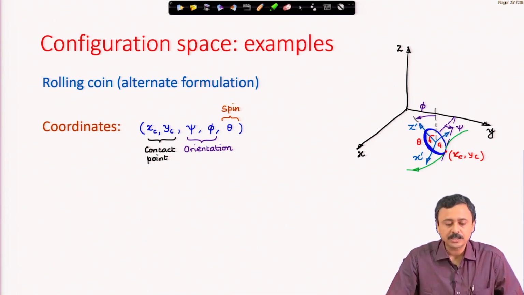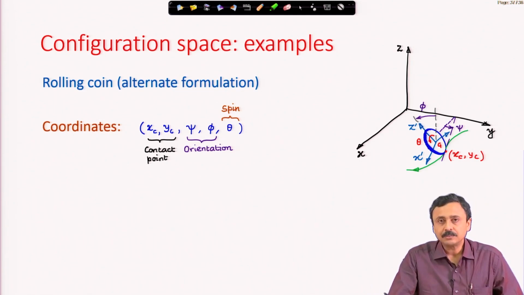In this formulation, I will look at coordinates of the contact point rather than the coordinates of the center of mass of the coin, which are of course very important because finally that is what will be used in the equations of motion. But if we can simplify the representation of constraints, etc., that would be of much help.